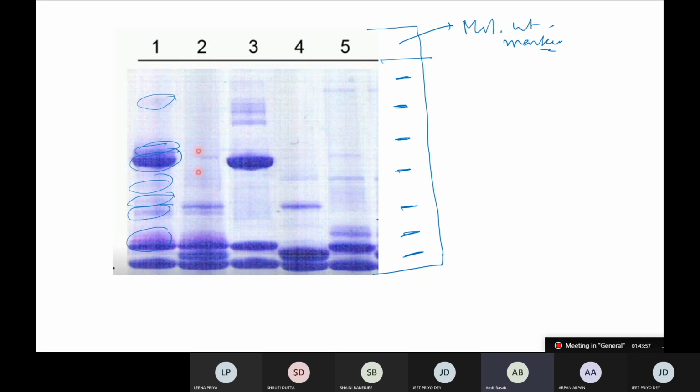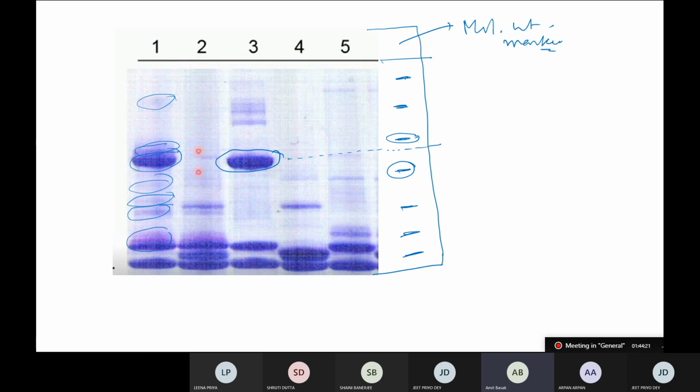Now suppose you are interested in this protein and not the other ones. What is its molecular weight? You see that it is in between these two, so you have an idea of what the molecular weight could be. Suppose this is 50,000.